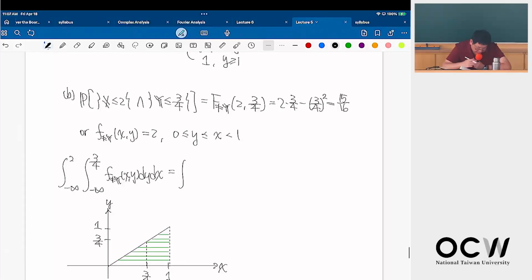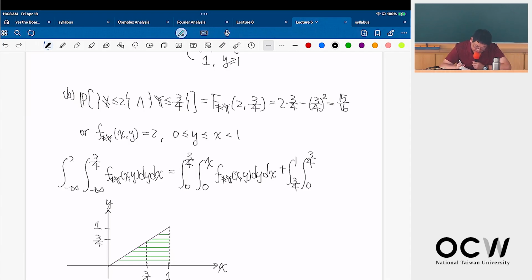If I do the integration, it's from 0 to 3 over 4, and 0 to x, and then 3/4 to 1, and 0 to 3 over 4.